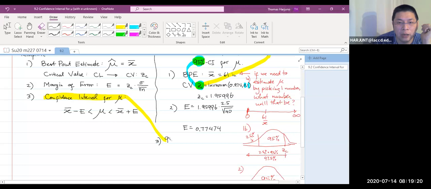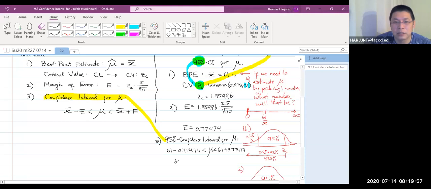I will declare that the 95% confidence interval for mu is 61 minus margin of error 0.77474 less than mu less than 61 plus 0.77474, which will be 60.22526 less than mu less than 61.77474.